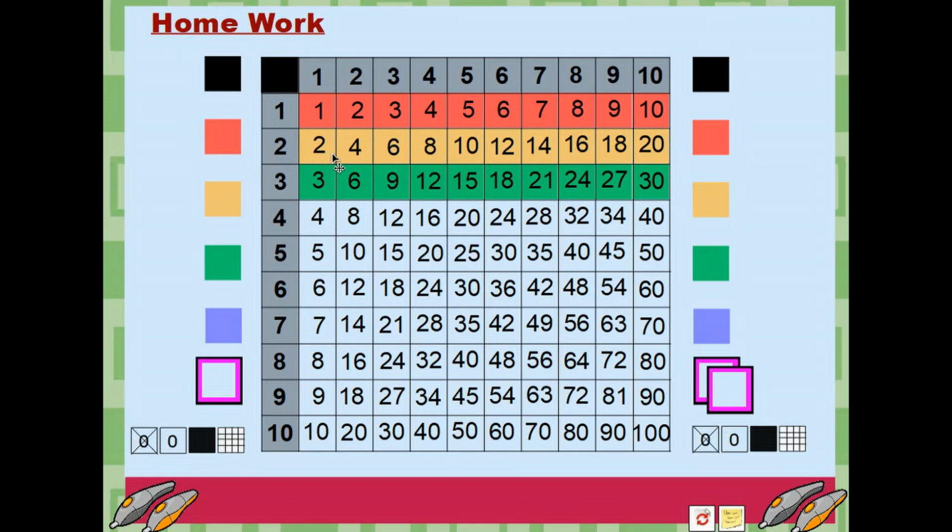The second one, with yellow color, is counting by 2, and the third one, with green color, shows counting by 3, by 4, by 5, by 6, 7, up to 10. Here you have counting up to 10, starting with 1. You can study this to see what counting with different numbers means.